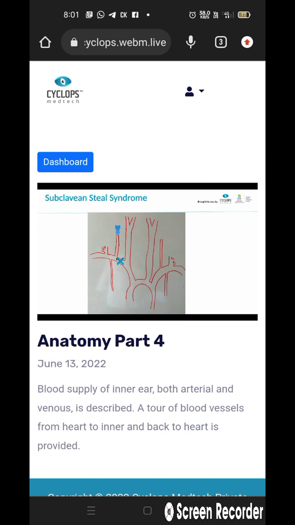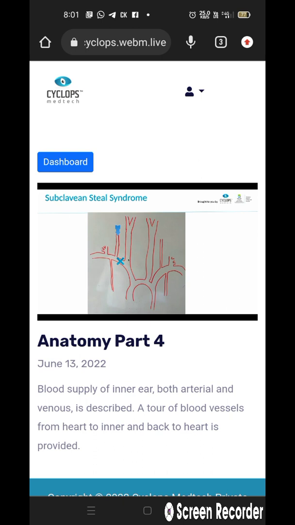So, this vertebral artery comes from the subclavian artery. Now, if the proximal part of the subclavian artery, just before the origin of the vertebral artery, is blocked, then in case of vigorous hand movements, there is a possibility that the blood supply to the subclavian does not come directly from the heart, but from the circulation that reaches the brain.